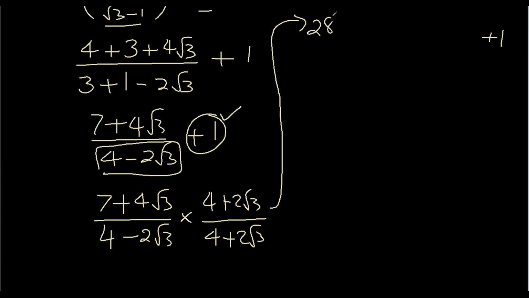It will be 7 times 4, 28. 7 times 2 square root 3, 14 square root 3. Then 4 square root 3 times 4, 16 square root 3. And then 4 square root 3 times 2 square root 3 will be 4 times 2, 8, and square root 3 times square root 3 is 3. 8 times 3, 24.